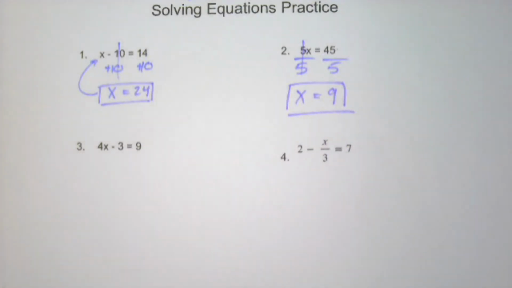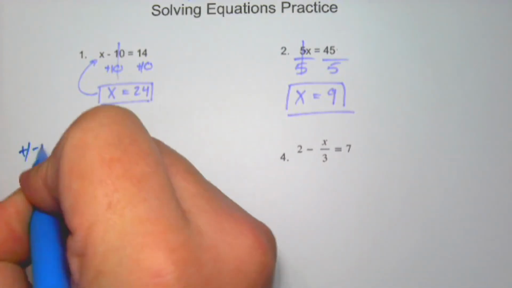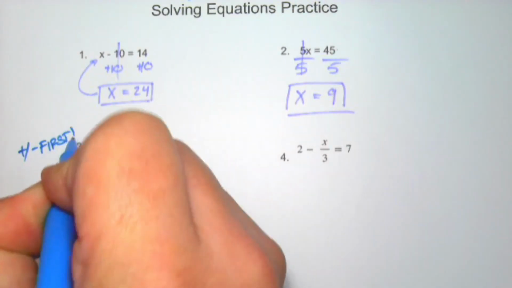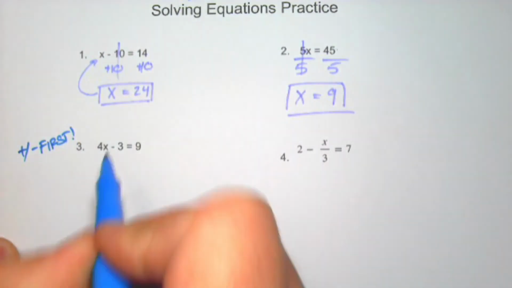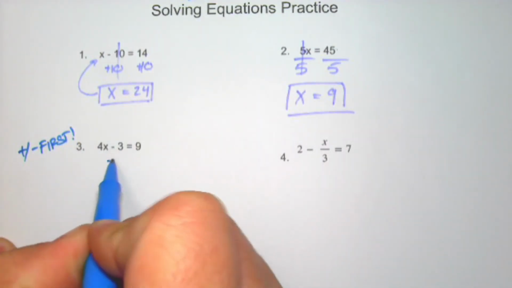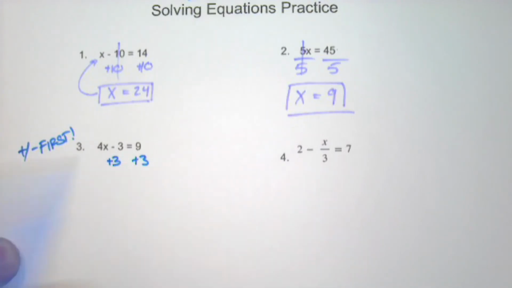And that leads us to the last two. So for number 3, I see I have multiplication by 4, and I'm also subtracting 3. So I have a choice of what to do first. I'm going to go with that addition or subtraction first. So I'm going to take that minus 3 and add it to both sides.